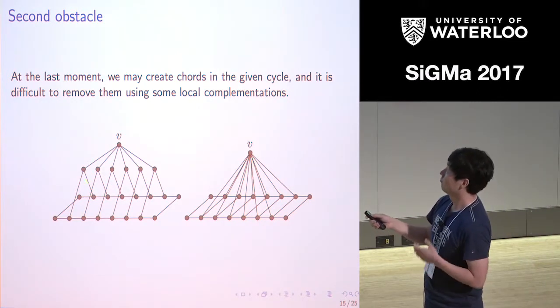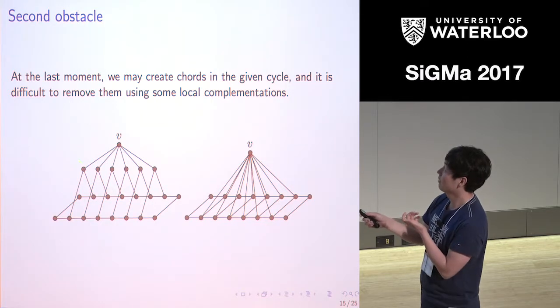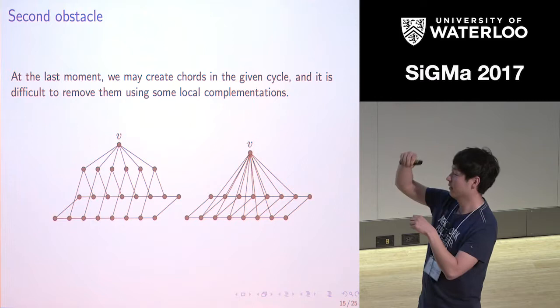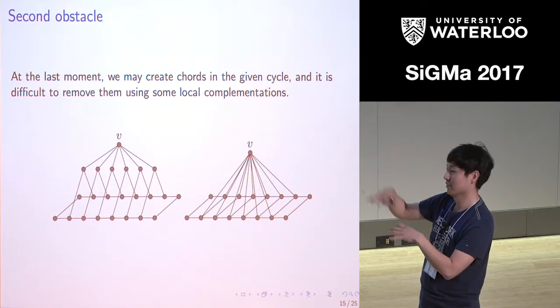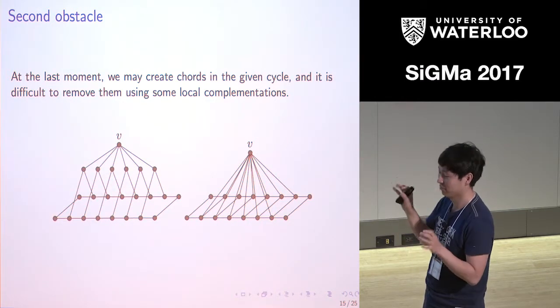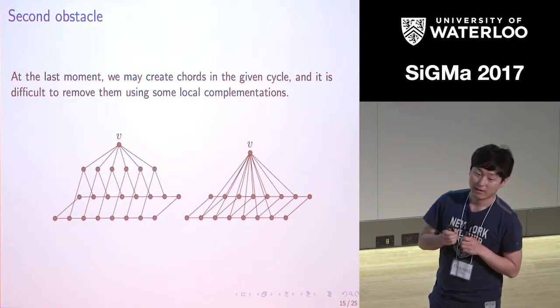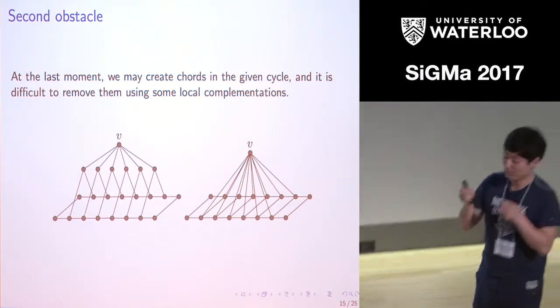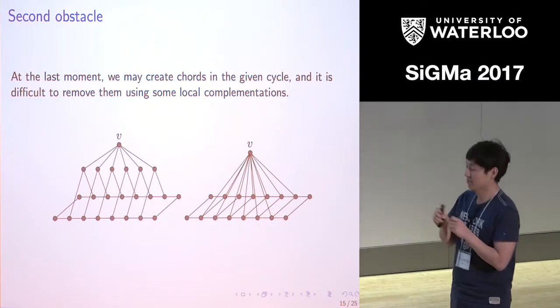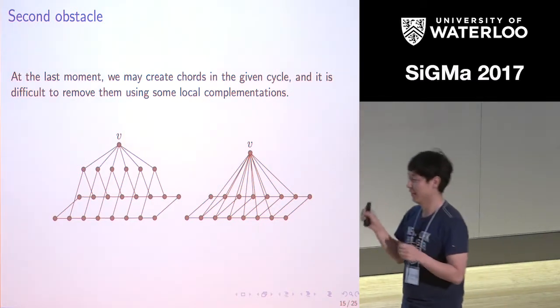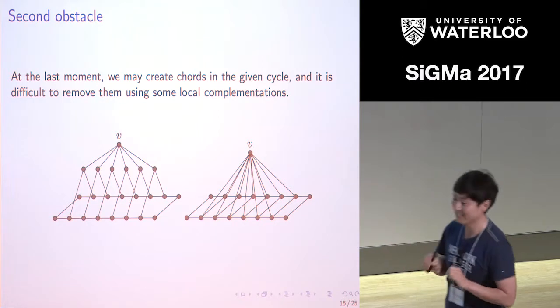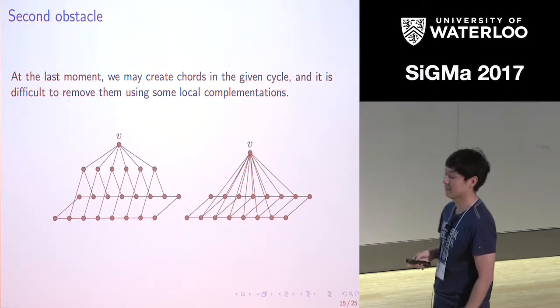The natural attempt is that you do a local complementation at these middle vertices to make edges from V to the cycle, right? And then it looks like a cycle, but you create many chords, right? If you try to delete some chords, then the cycle is removed and the graph is totally changed, so it's difficult to deal with this.